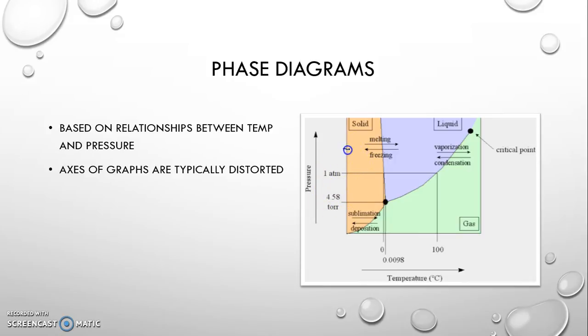But let's say we have this pressure, what would be the melting point of this substance? And so we would go straight down, and we'll be able to tell the melting point or the freezing point, right? And you can do that for anywhere on this line. Well, if we wanted to know the boiling point, we would look at the difference between these. So if we said from here, all right, this is the pressure, what would be the boiling point? And then you'd be able to tell what the boiling point is. So that's the boiling point line and then the melting or freezing point line here.